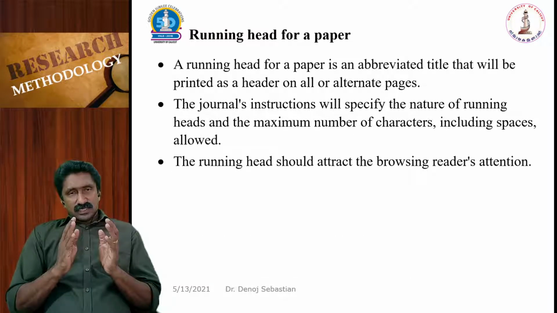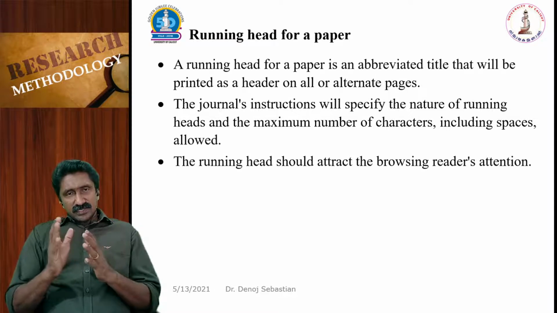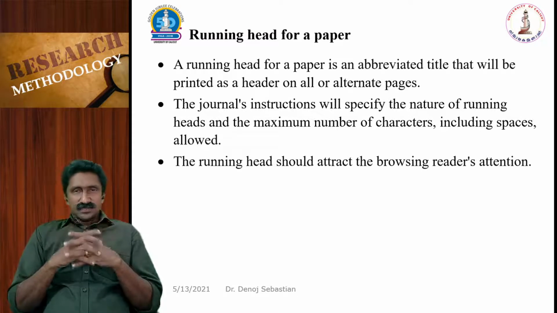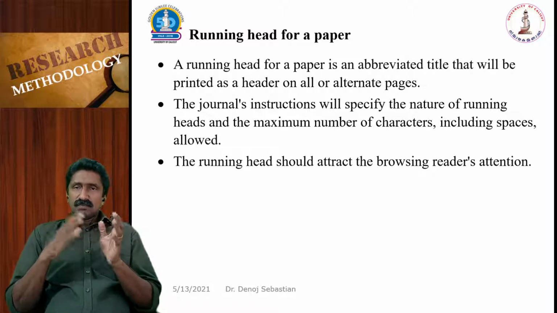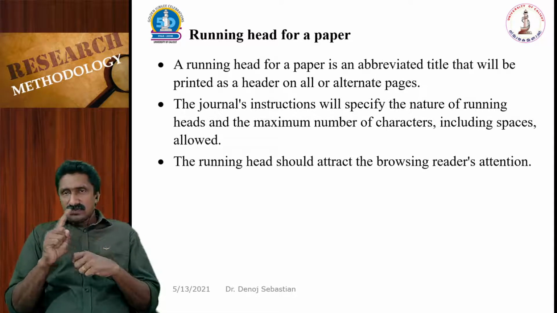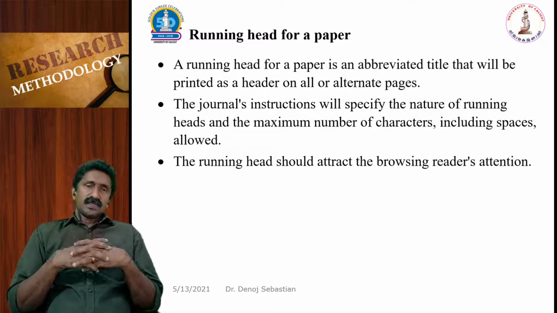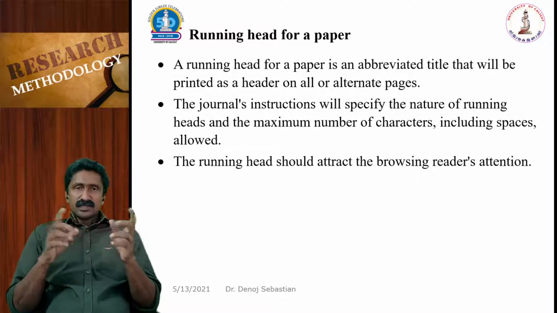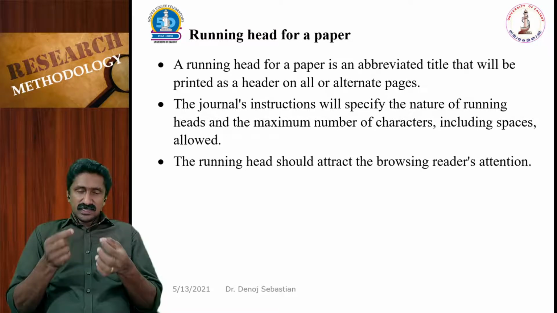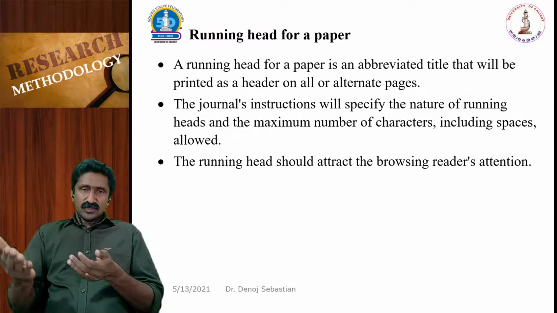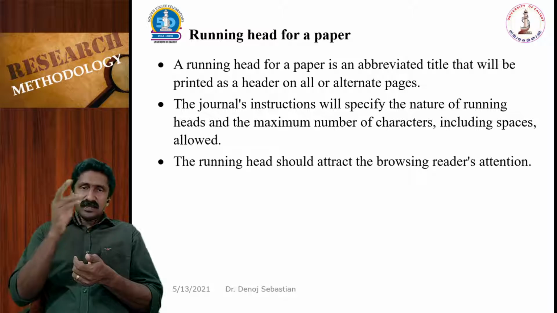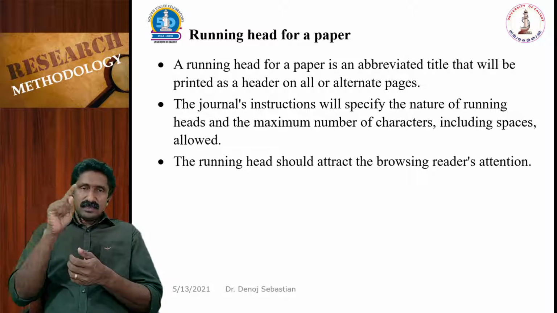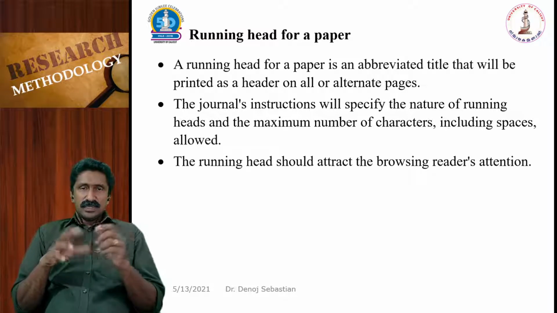Now, along with the title, there should be a running head or running title for the paper. A running head of the paper is an abbreviated title that will be printed on every page or alternate pages in the header part of the paper. So if you are taking a paper of 25 pages, on every alternate page of that paper, there will be a short running head.